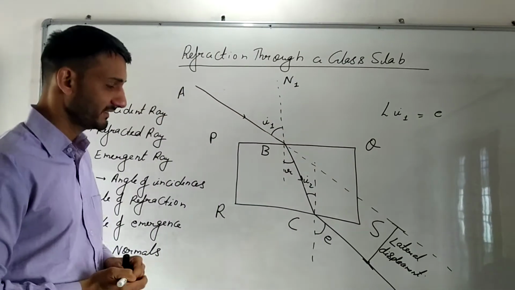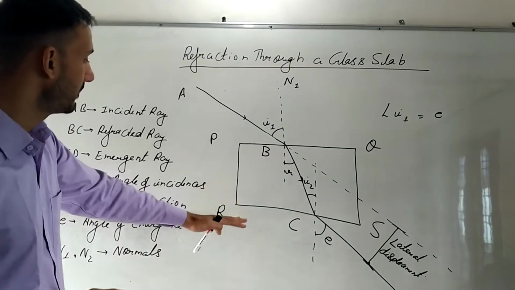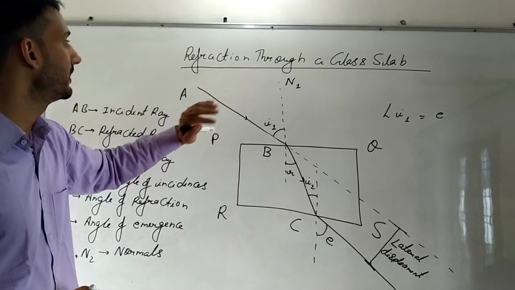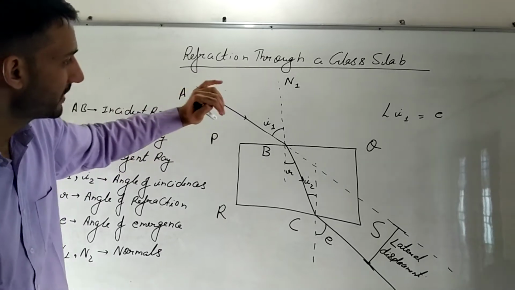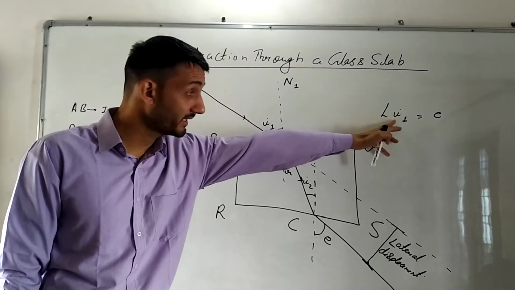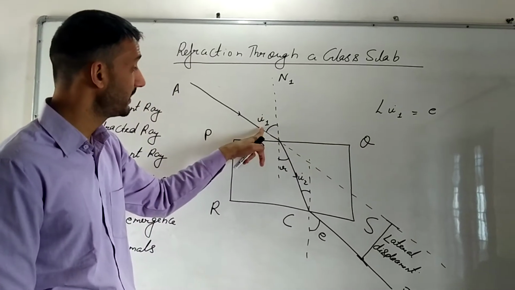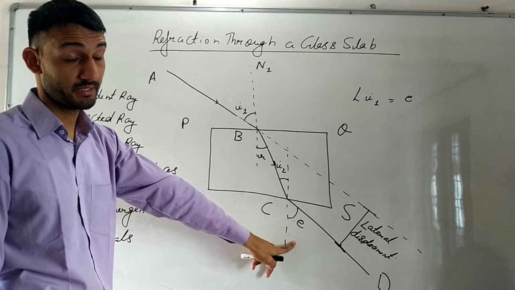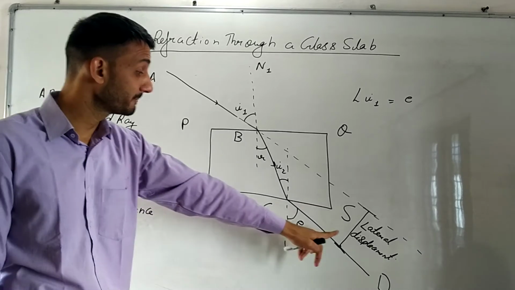One should be able to draw the diagram when studying refraction through a glass slab. One should keep in mind that the angle of incidence and the angle of emergence are equal, which can be proved experimentally.